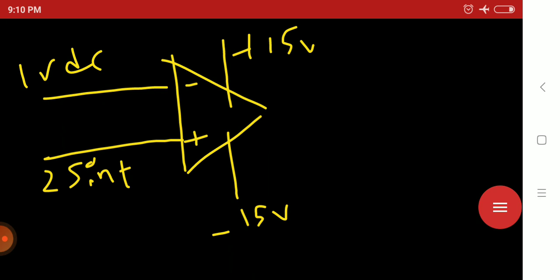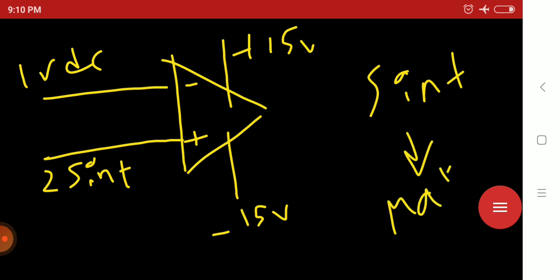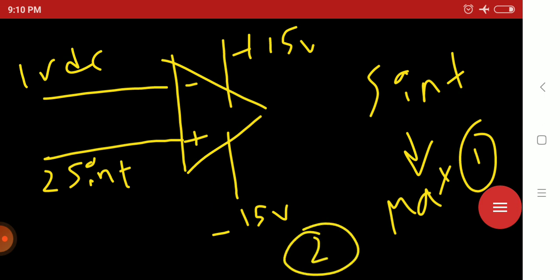So sine t lies between plus 1 and minus 1. Sine t maximum value is 1. So at sine t maximum, that means positive maximum, here it is V1, here it is V2.